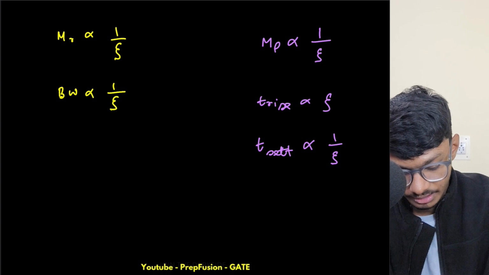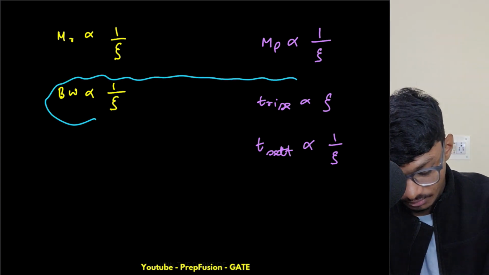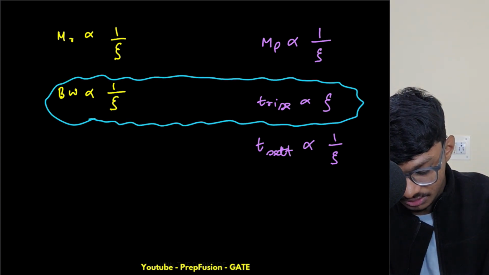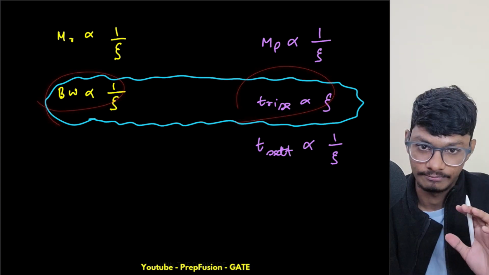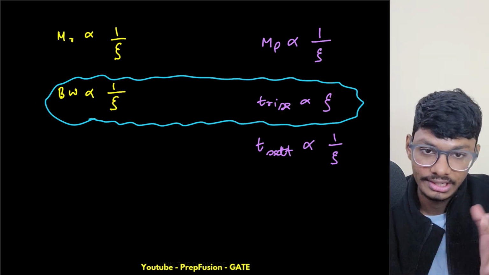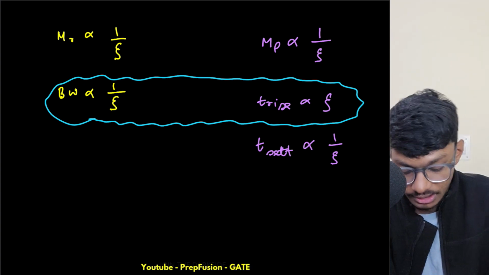So mainly we're concerned with this bandwidth and the rise time, and we'll try to relate these two. What does this mean?